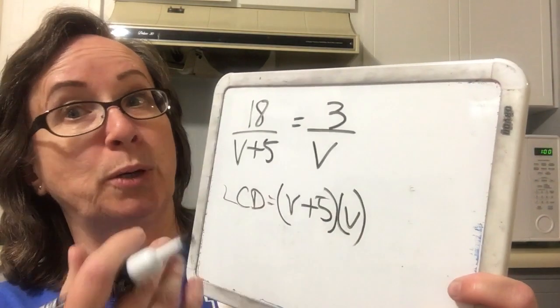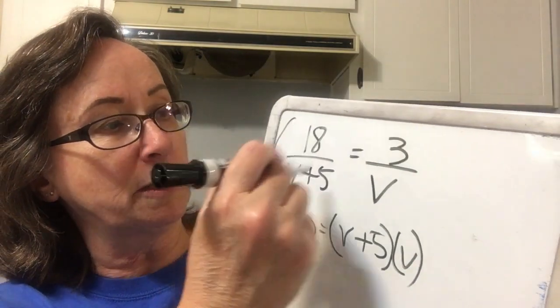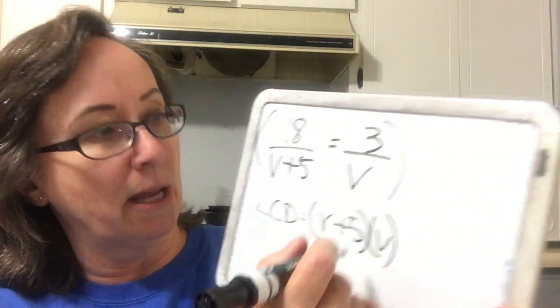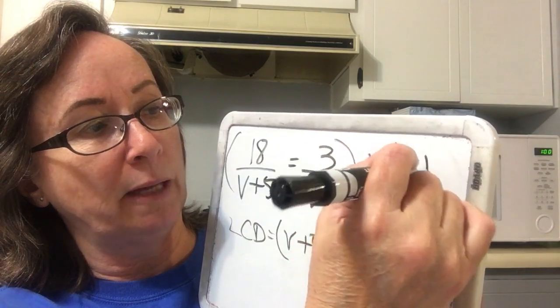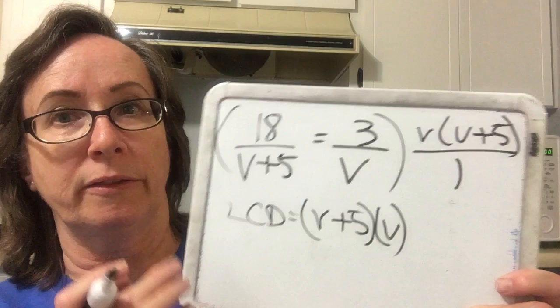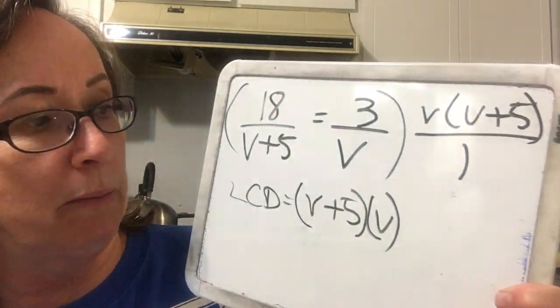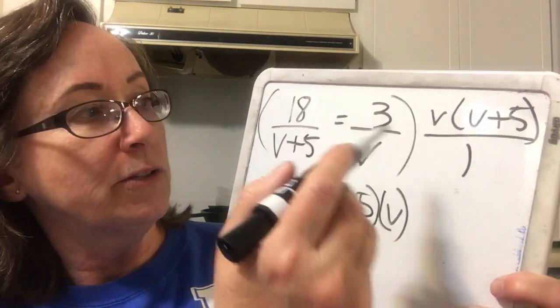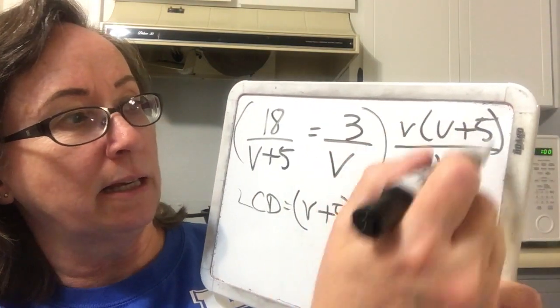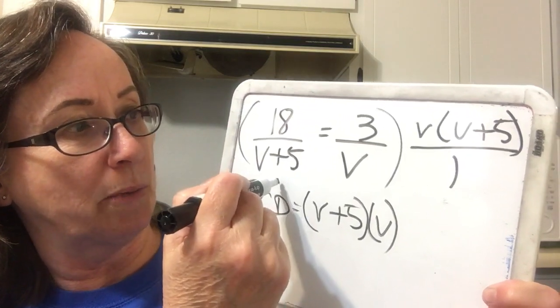So again, instead of putting them over the least common denominator, I'm going to multiply both parts by v times v plus 5 over 1, on the left and on the right. The only reason I'm only doing it on one side is because of the room on my little bitty boards here. So now I'm going to take this common denominator, multiply it by this term over here.